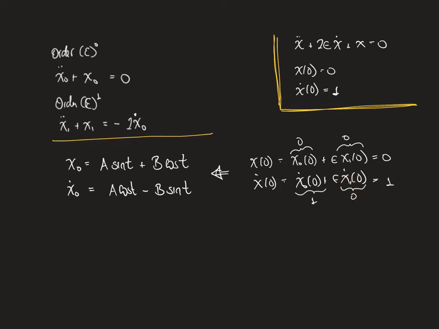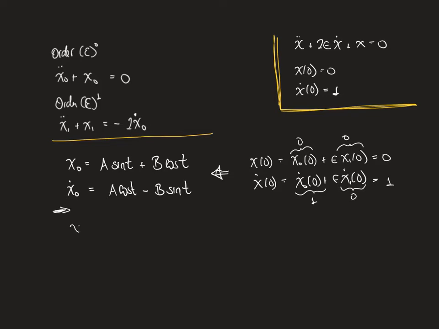So based on these conditions in here, we will be able to solve this equation. So let's just replace the initial conditions in the equation to find the values of a and b. Let me just put it in here.